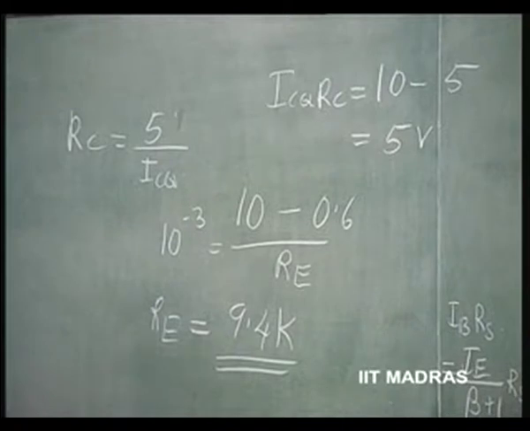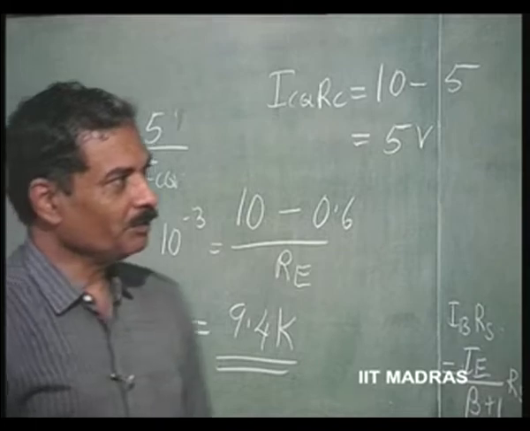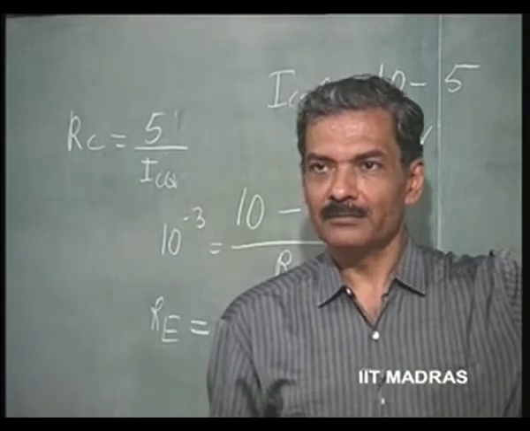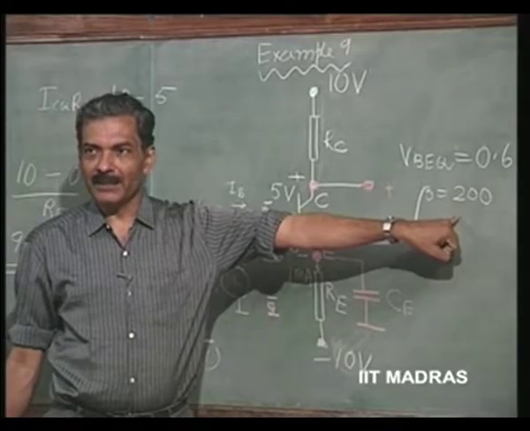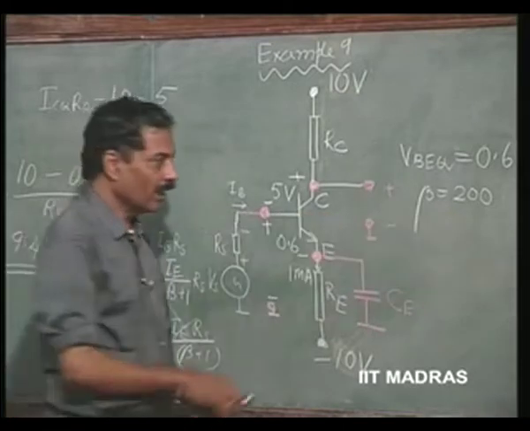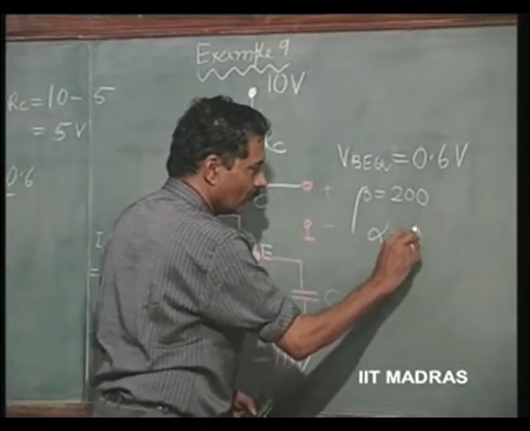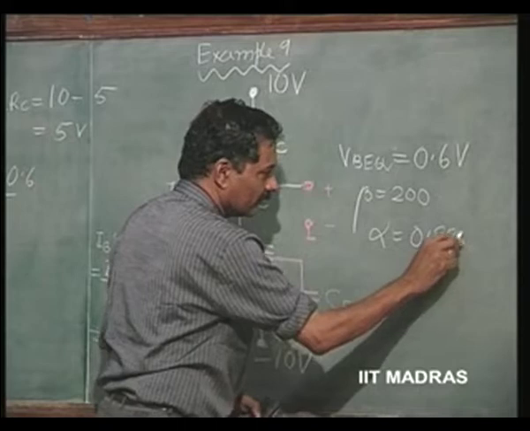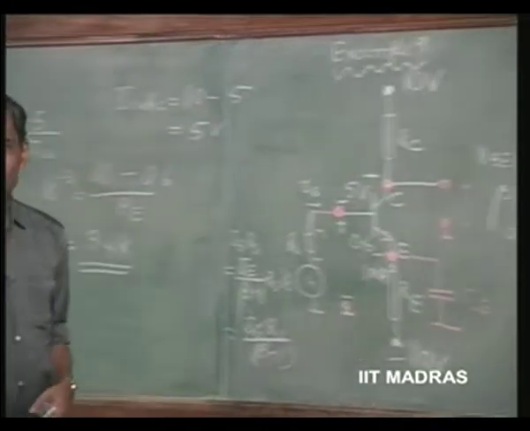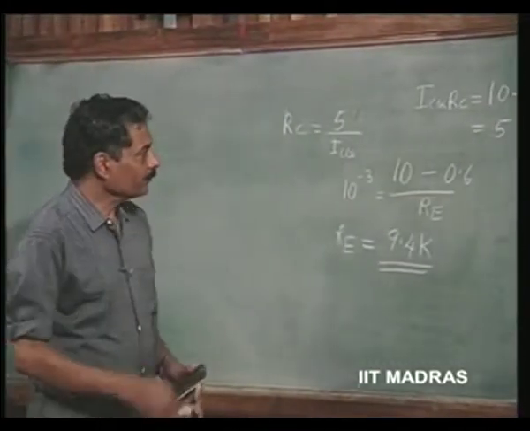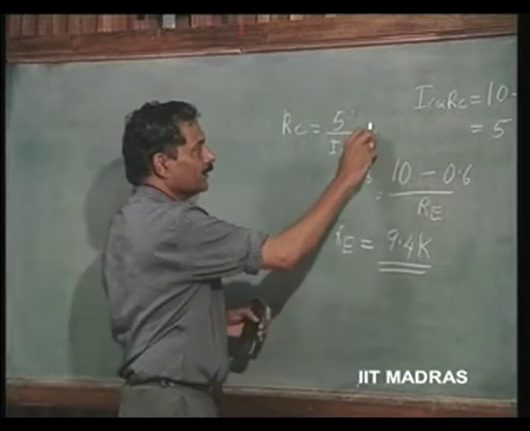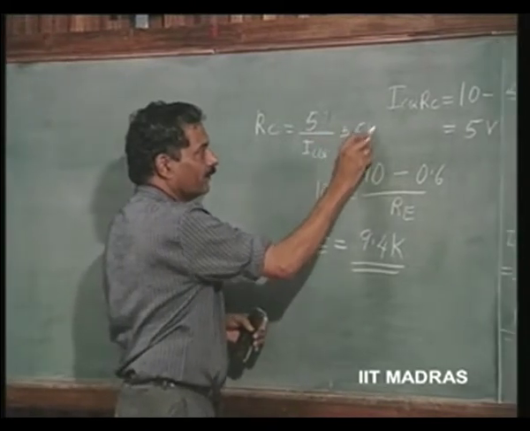It is alpha times 1 milliampere. Alpha is going to be 0.995 because beta is given as 200. So, we can assume that RC is equal to 5 kilo ohms.